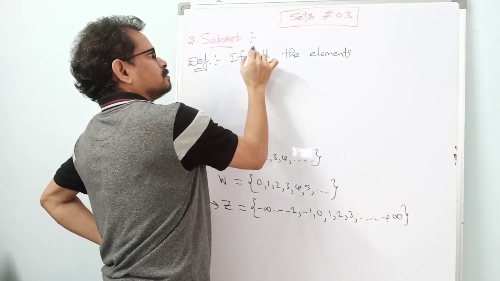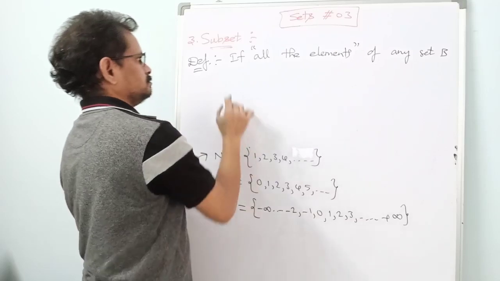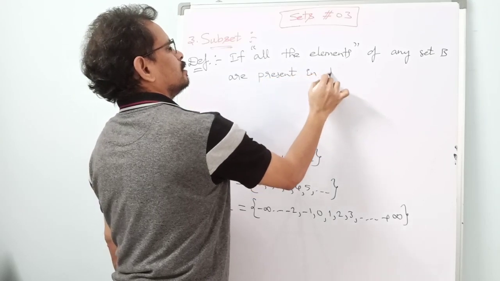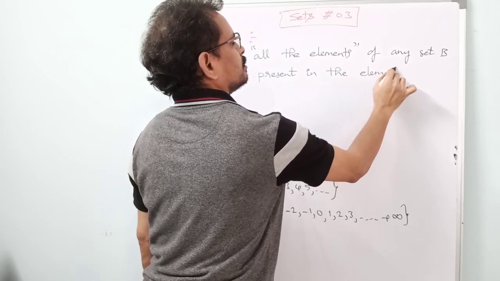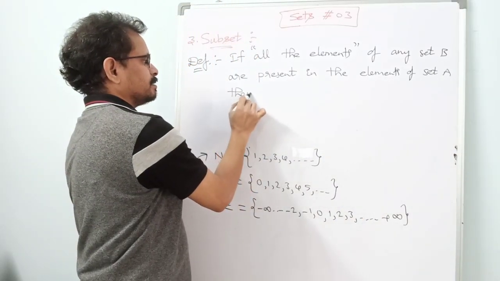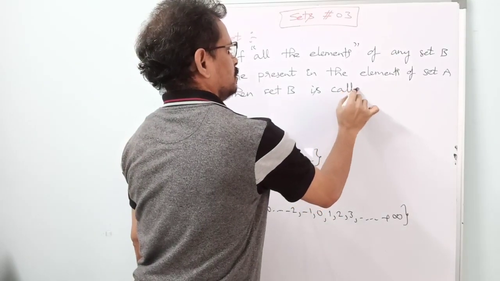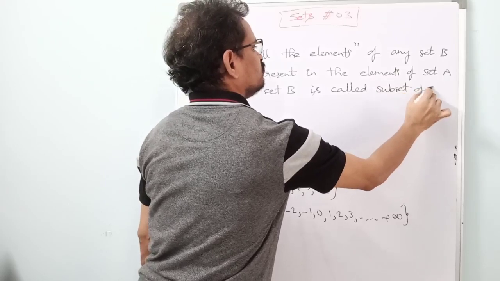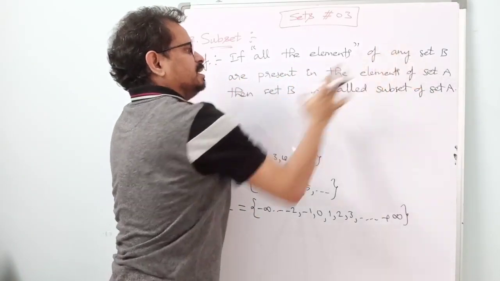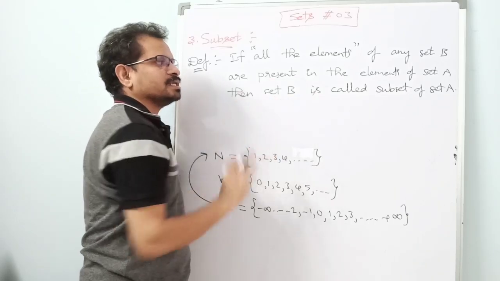If all the elements of any set B are present in the elements of set A, then set B is called a subset of set A.